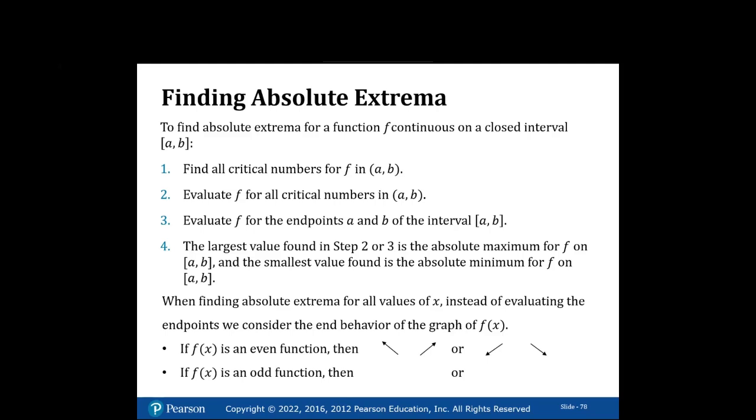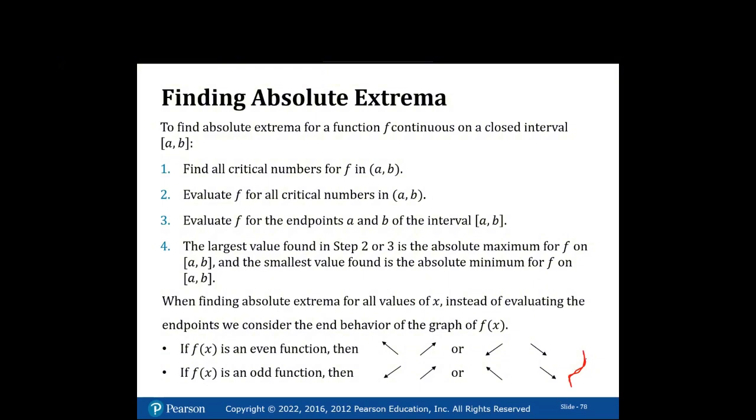If it's an odd function, we have one end going up and one going down. If it's a positive leading term, then I've got down, up. And if it's a negative leading term, then it's up, down. You can kind of think of it this way: if you know x cubed is like this, ooh, that's a horrible picture, we know that it's pointing down on the left and it's pointing up on the right.